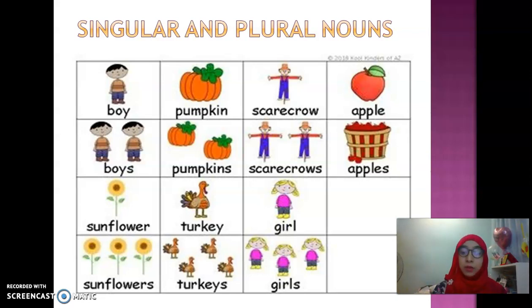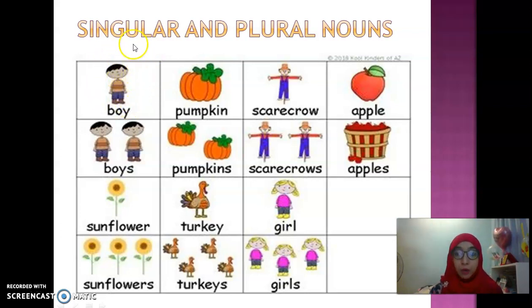And we also have a little bit different way to identify objects or people or animals or cars that are more than one, which is what we call plural nouns. So on the screen right now, I have a few examples of the difference between singular and plural nouns. So we have over here a picture of a boy.